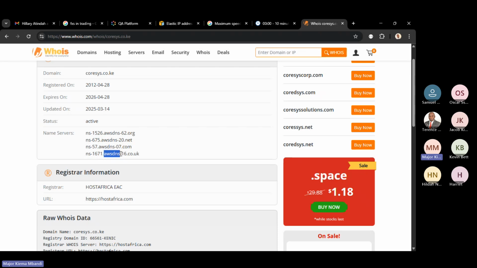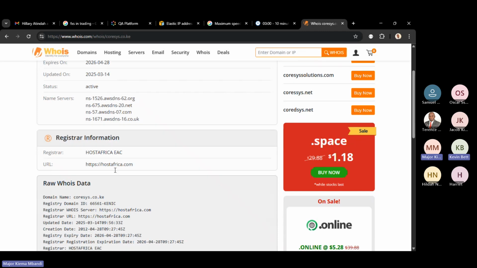The domain service provider will use more than one server to manage your domain for redundancy, so that if one server is down, another will be used to do the resolving. If that is also down, you have four, so it's very rare that all these servers will be down. You can see one in the UK, one in the US, .com, normally US-based, and .net and .org. These are what we call the name servers, the ones that do the actual resolution, either from IP to domain or domain to IP.